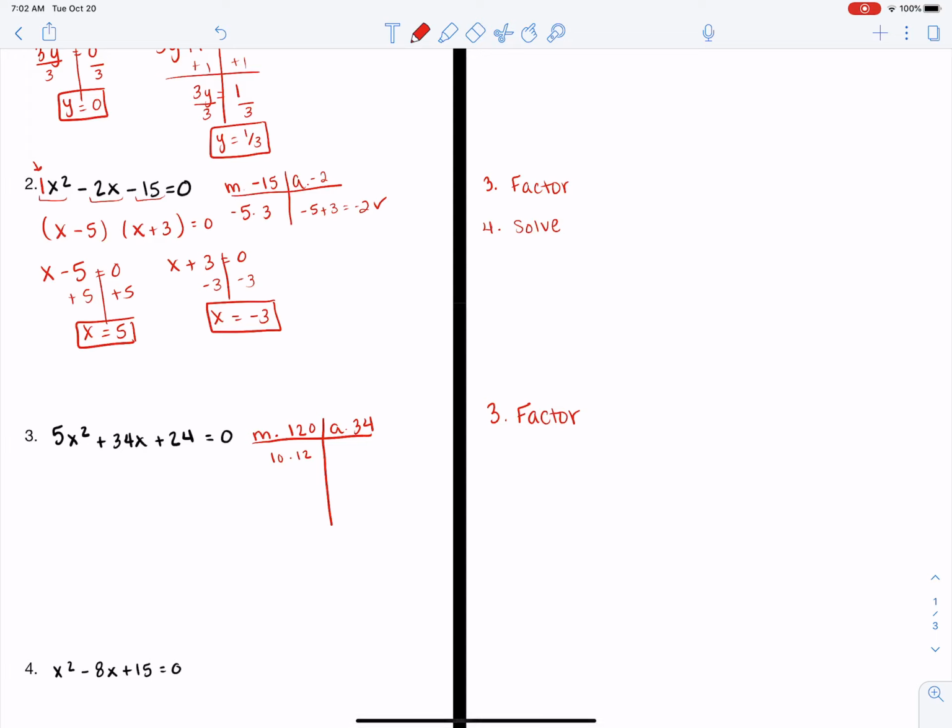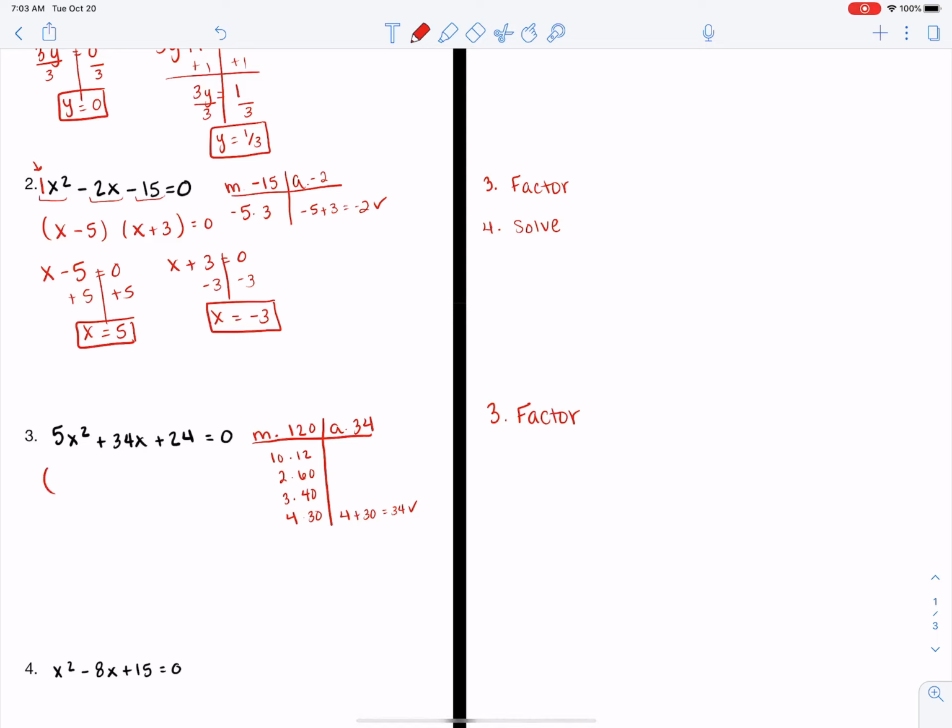That's not going to add to 34. 2 and 60. That's not going to add to 34. 3 and 40. Nope. 4 and 30. There you go. So 4 plus 30 is 34. So 4 and 30 are the ones that work.